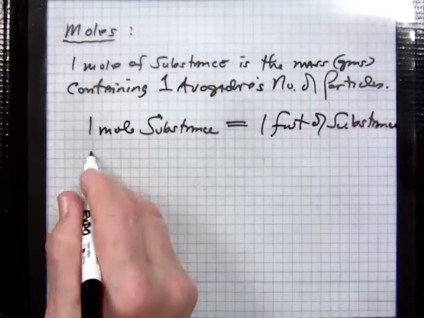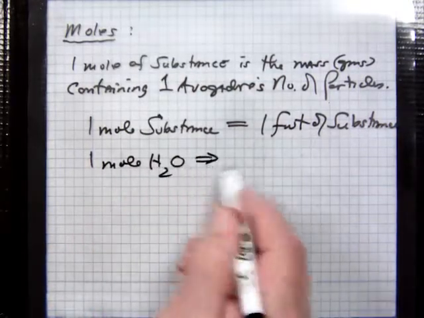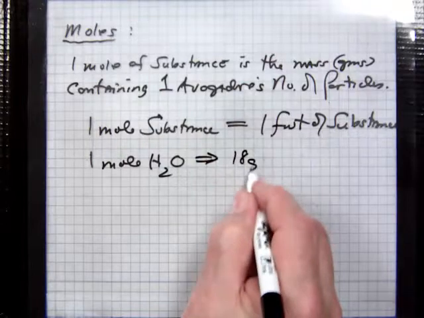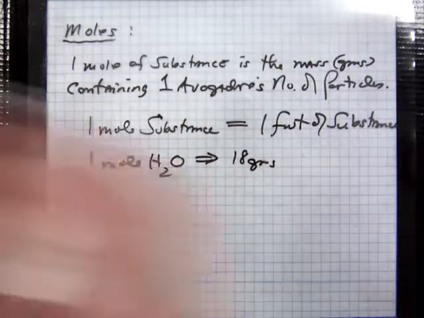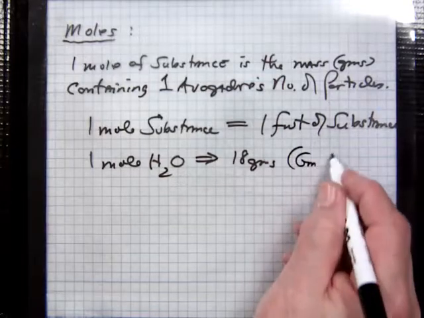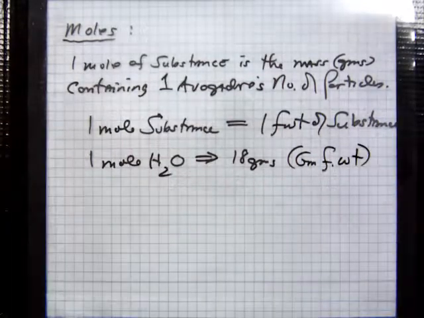So one mole of H2O has a weight of 18 grams. Sometimes they call it gram formula weight. Big deal.